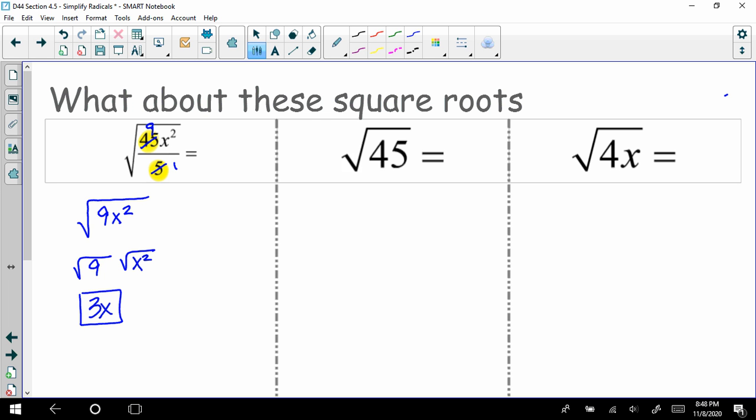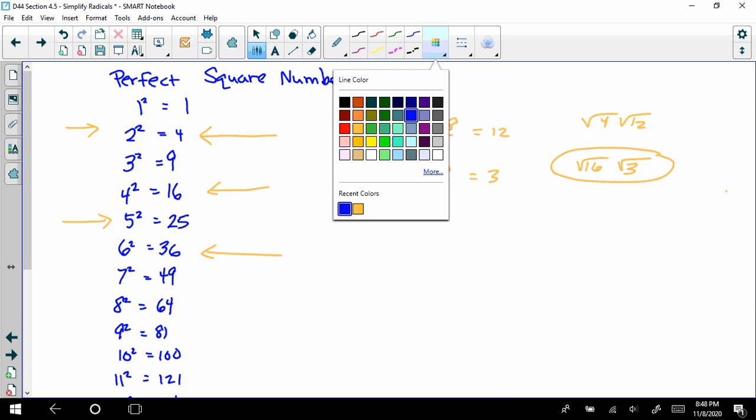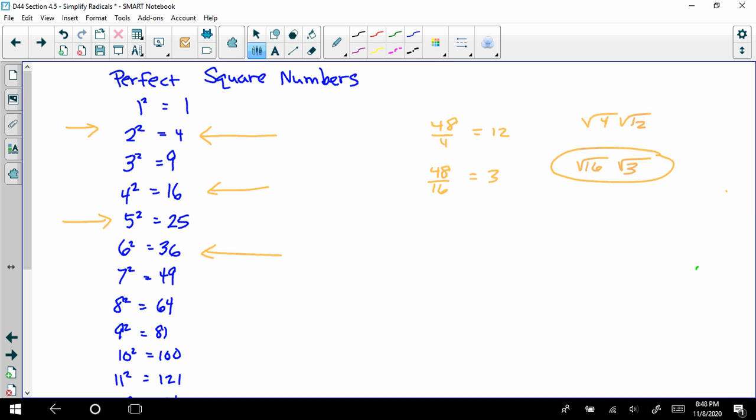All right, the middle example, 45. Take a look: 45 is not on this list. I'll draw your attention right here. We've got 45, a number between 36 and 49. So I need to look at the smaller numbers, 36, 25, 16, 9, 4, and 1, and figure out what's the biggest one that goes into 45 evenly.